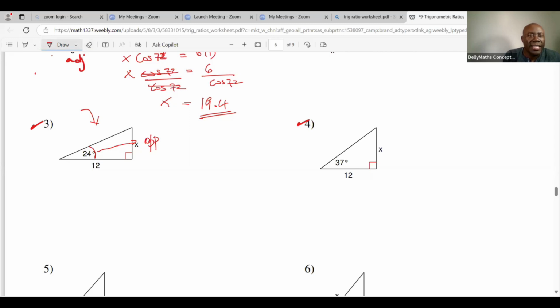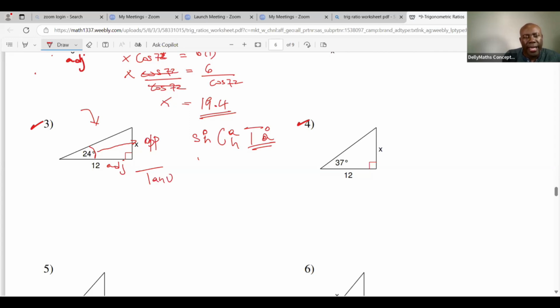We were given the adjacent side. Which one of these ratios would include the opposite and the adjacent side? It's this one, so we're going to be using tangent.